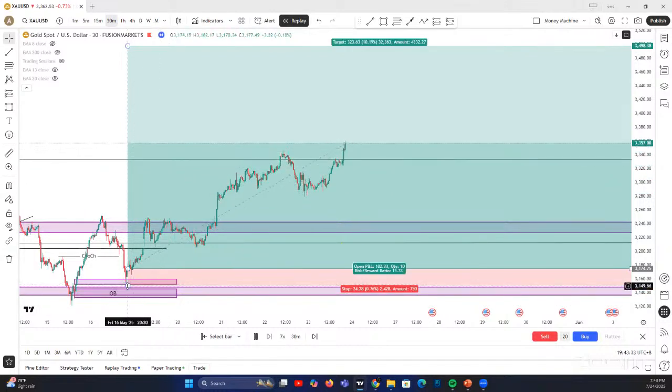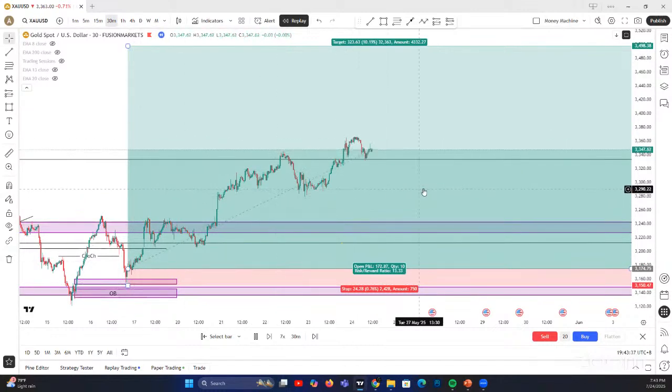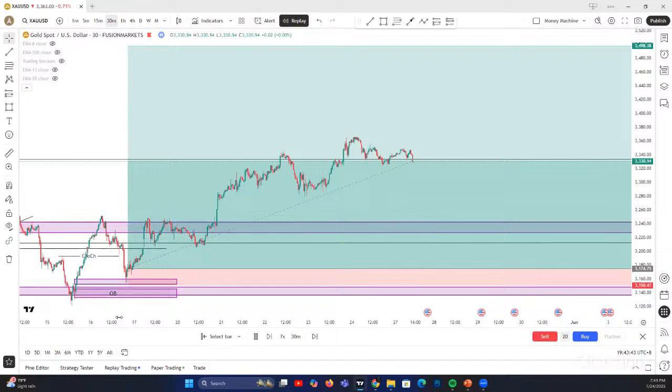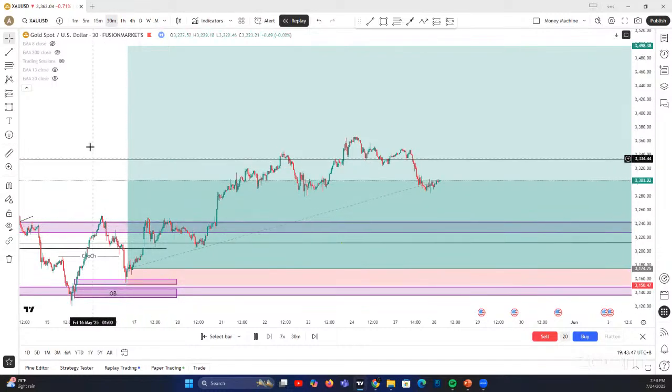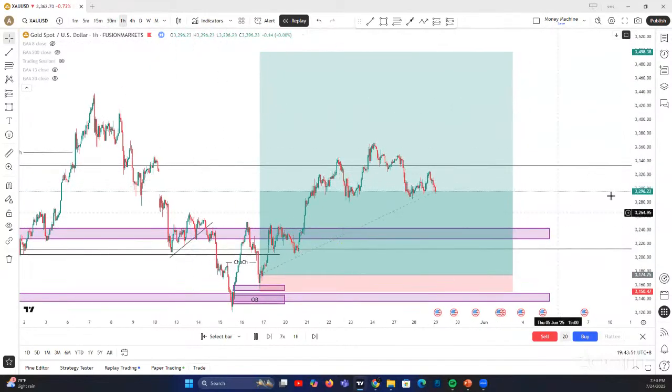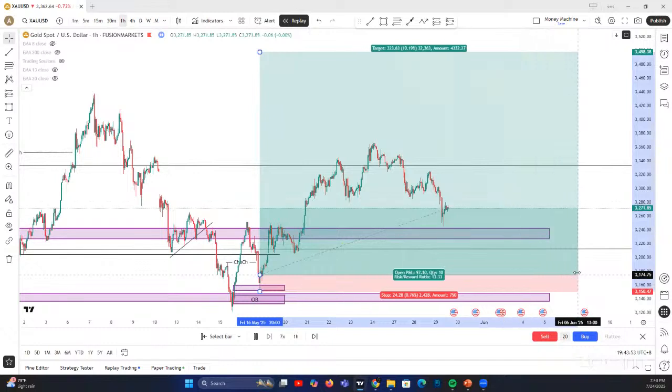Once you are winning, you can move your stop loss here, anywhere here, to be safe. Let's go to H1 to see the bigger picture.